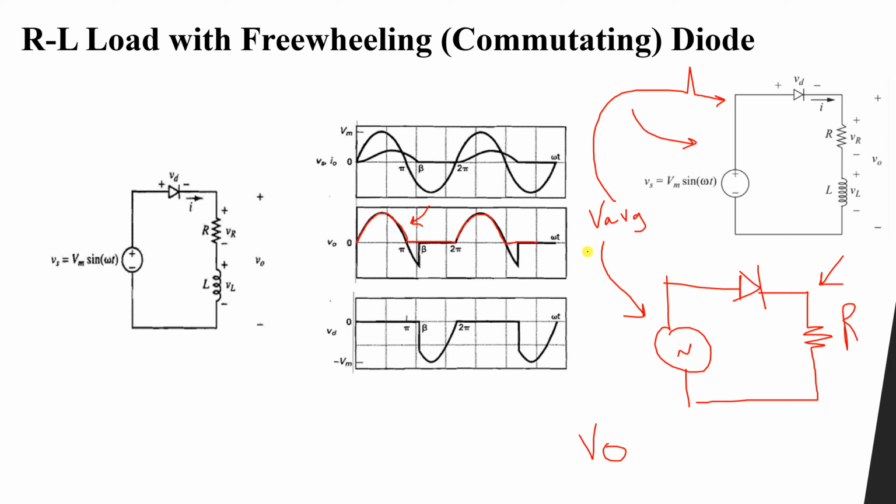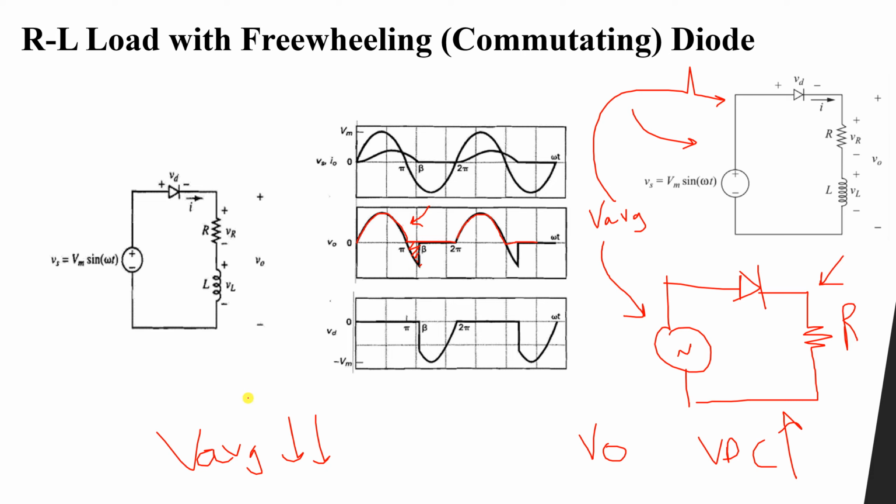you will find that V average for the pure resistive load, or VDC, is higher than for the RL load. Now why is this? Due to the presence of this negative part. This negative part made V average become lower because we added a negative part to the wave.